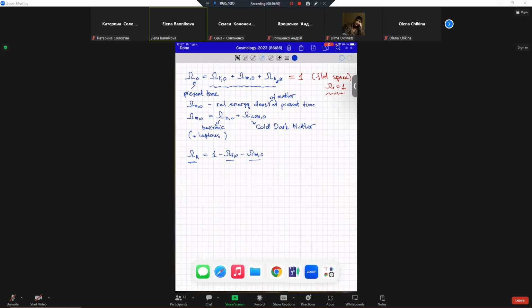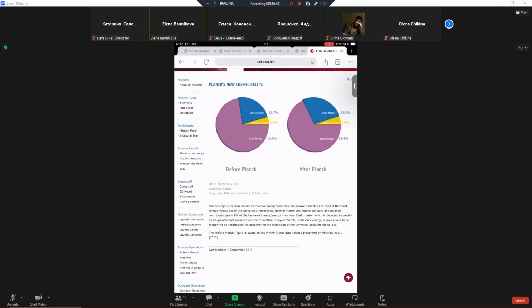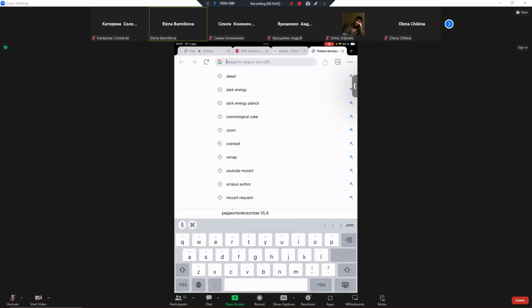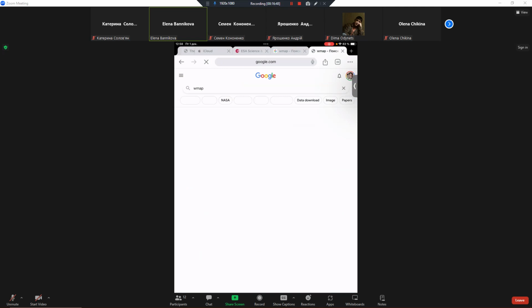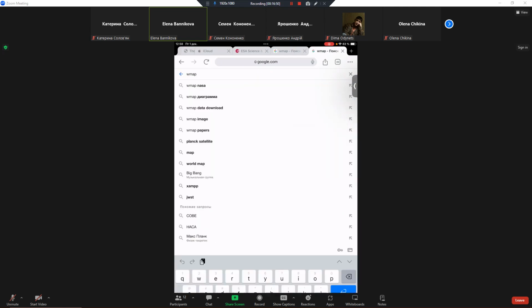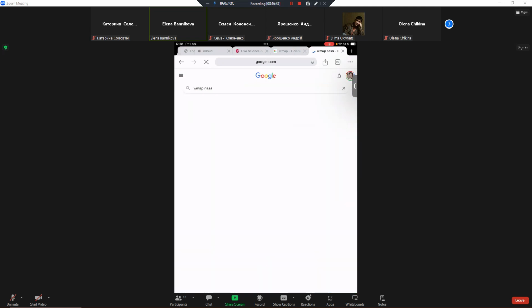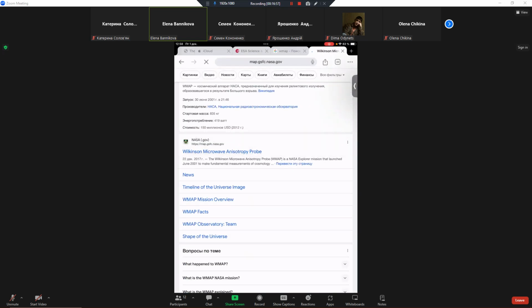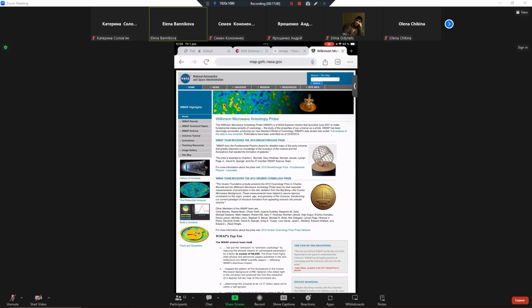Let's come back here. So what is interesting in this cake? Also, we can look at another site. Okay, NASA. Go to NASA. So this is another satellite which also observed the cosmic microwave background.